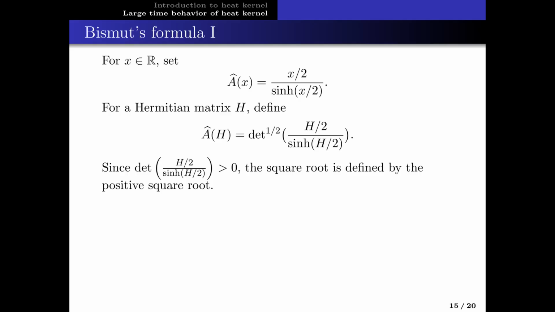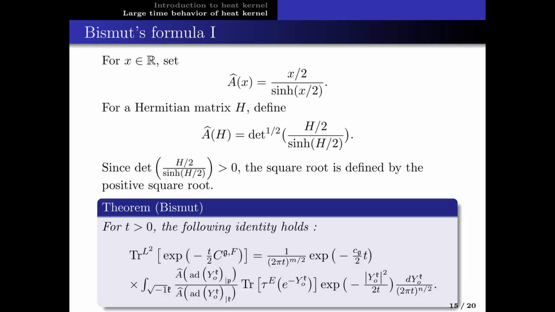So this function of the matrix is well defined, and it produces a number. And the Bismut formula is an integral formula using this function, with an integral over the Lie algebra k. This formula, you can see, depends on t in general. This is also the reason it provides us more information than the Euler characteristic. Maybe in the next slide I'll explain what these concepts are.